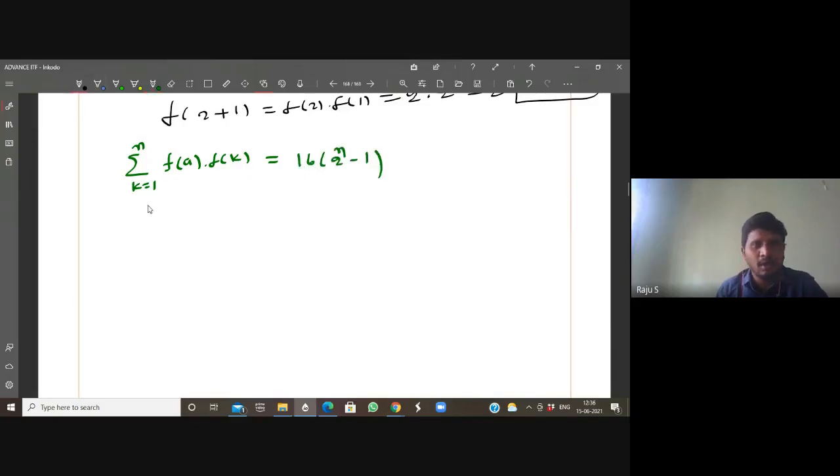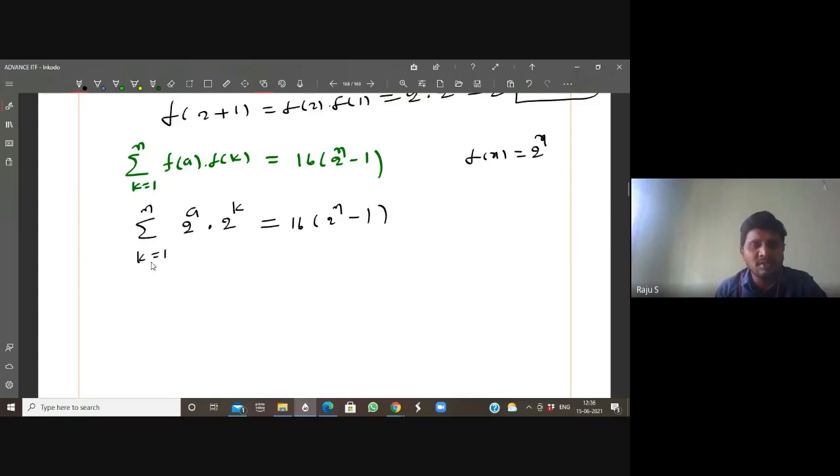Now f of x, clearly we know, is 2 power x. So f of a value is 2 power a, and f of k value is 2 power k. It is equal to 16 into 2 power n minus 1.